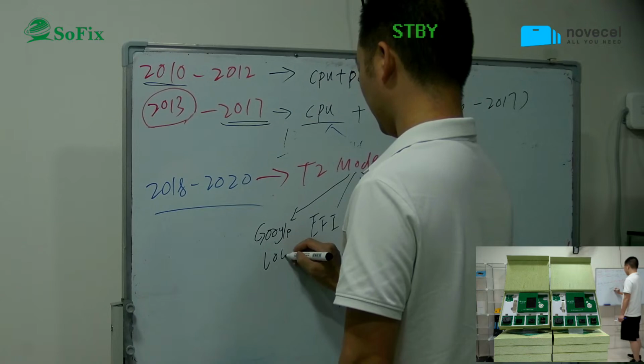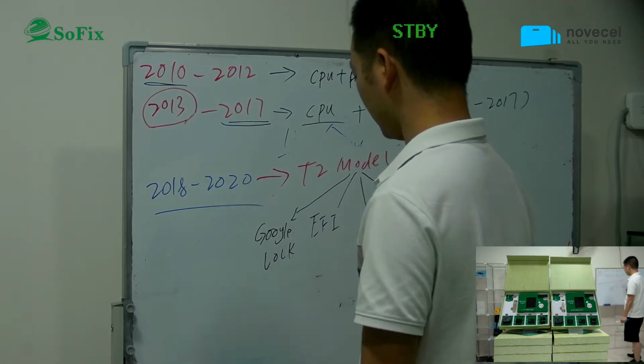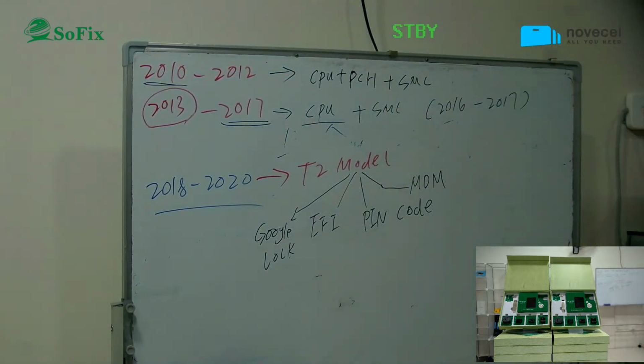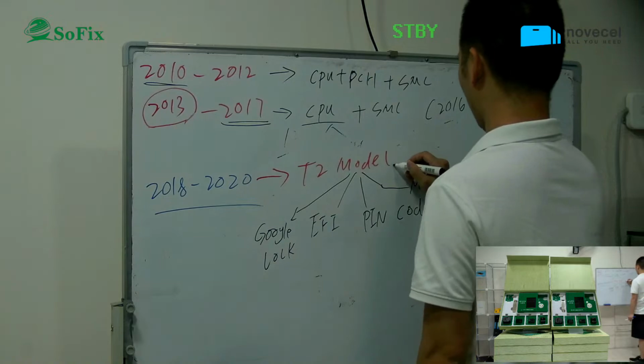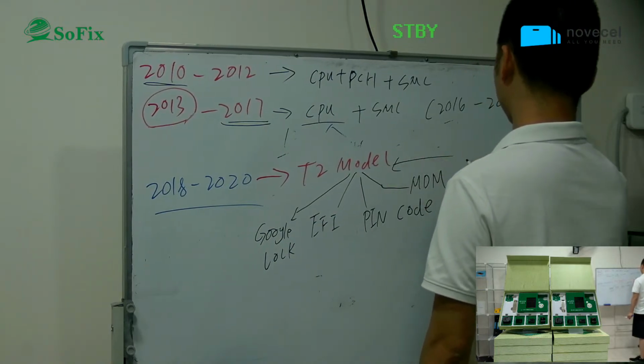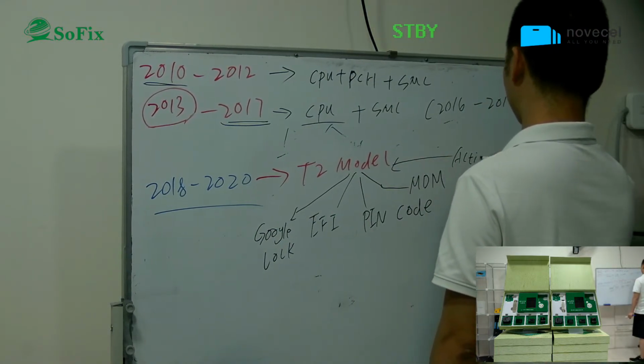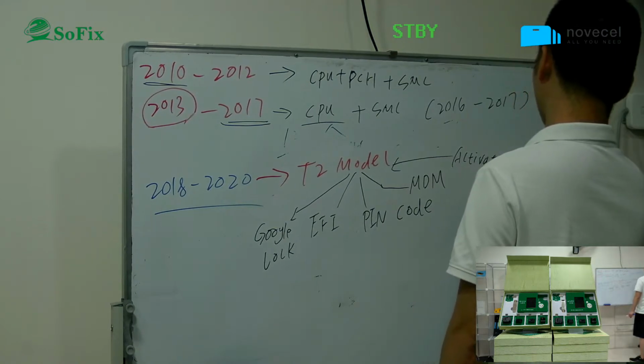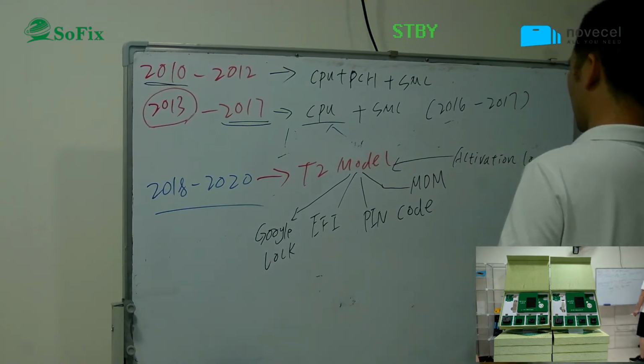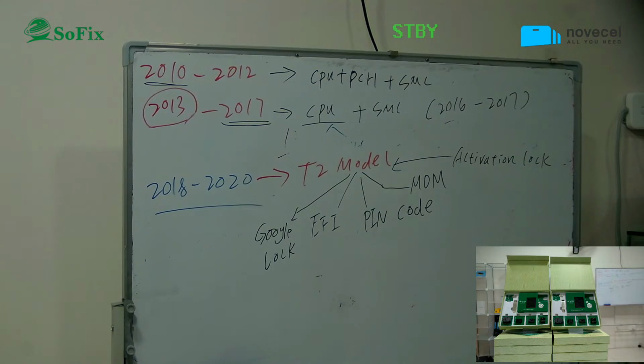So it's like 5 different locks: Google, EFI, PIN code, MDM, and activation lock.